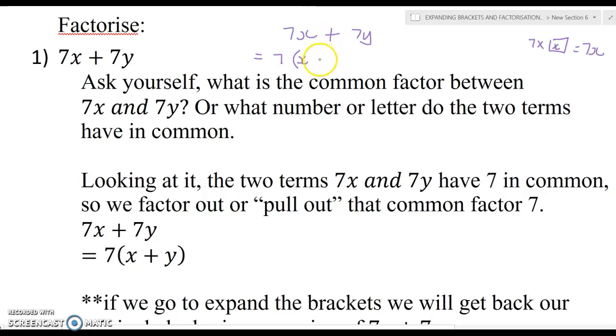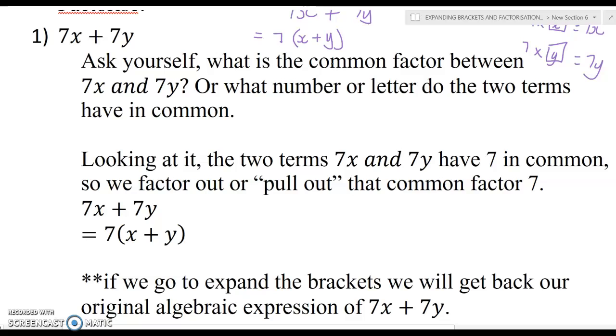Then put back your plus sign. Now ask yourself, 7 times what will give me back 7y? That will always be y. So we put the y, close brackets. And that's my answer: 7 open brackets, x plus y, close brackets.